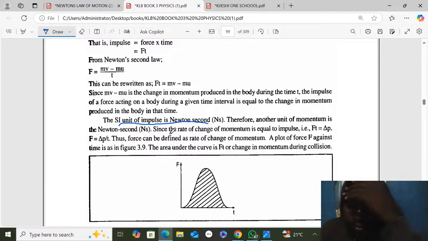It's okay. Then the rate of change of momentum is equal to force. Then Ft is equal to change in momentum, which is like this. So here we are talking of, from Ft equals change in momentum, then F will be the same as change in momentum over t.